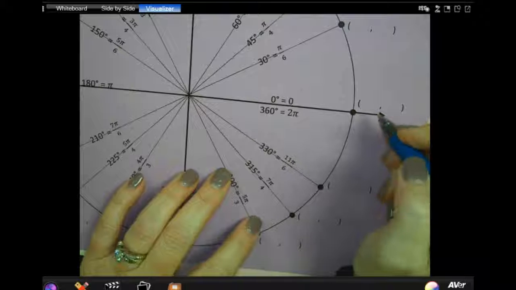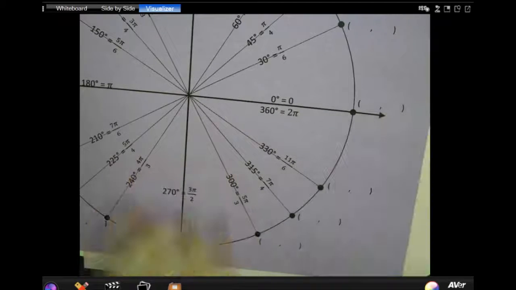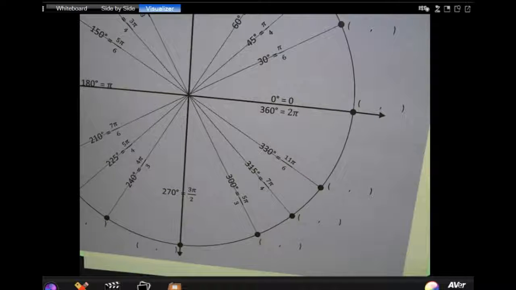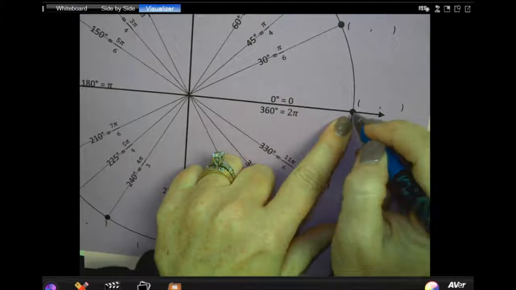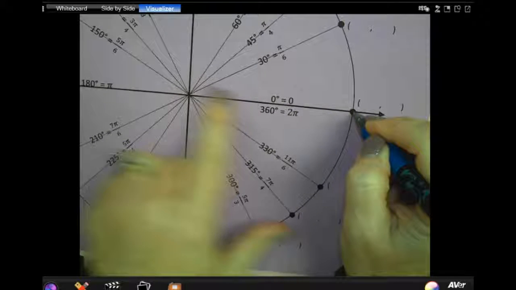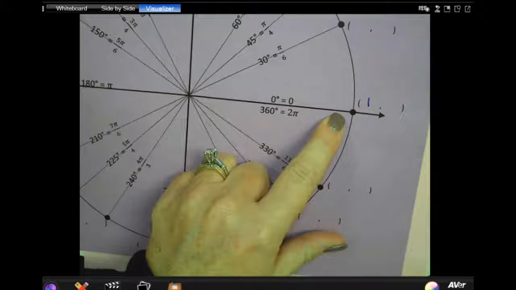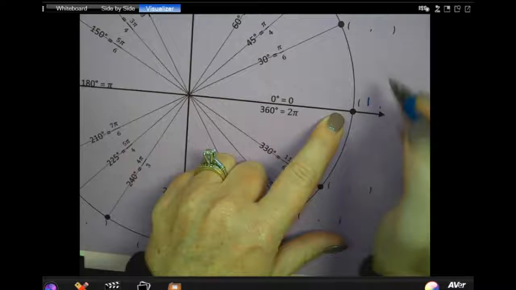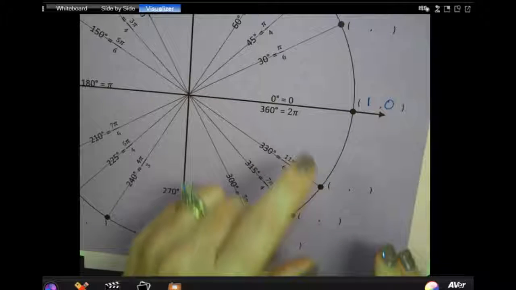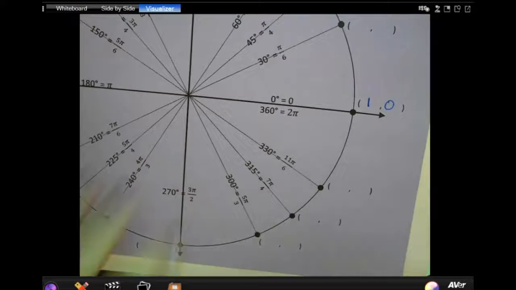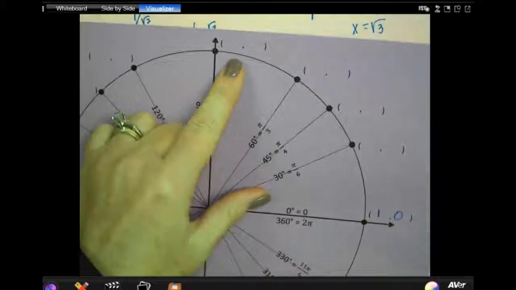So to start with, we know that the unit circle has a radius of 1. So I'm just going to do the quadrantals. So if I start right here, in the x direction, this is 1, but in the y direction, it is 0. So if we go to 90 degrees now, go up to 90.